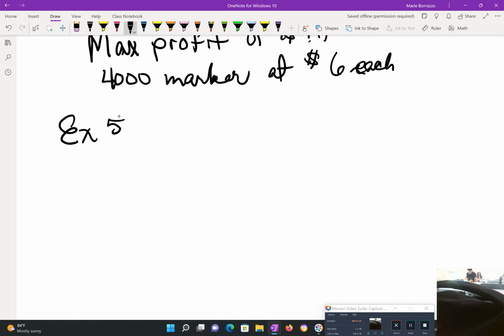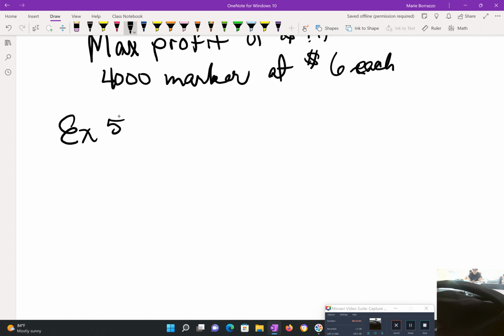The government decides to tax the company in example 4 $2 for each marker produced. Taking into account this additional cost, how many markers should the company manufacture annually to maximize its profit? What is the maximum profit, and how much should the company charge for the markers to realize the maximum profit?